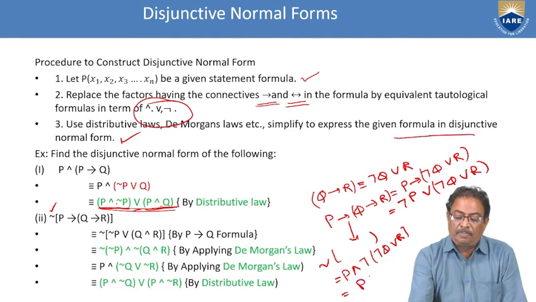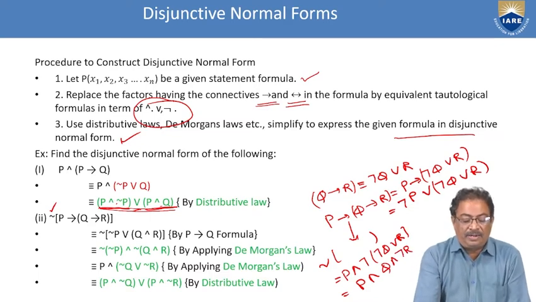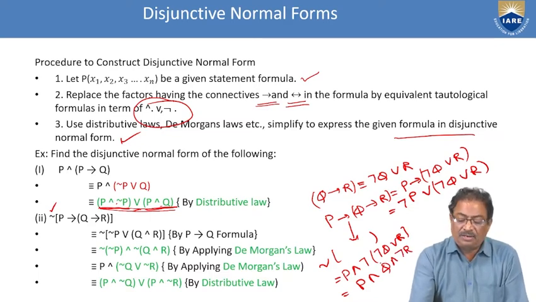So then this will become P and Q and negation R.